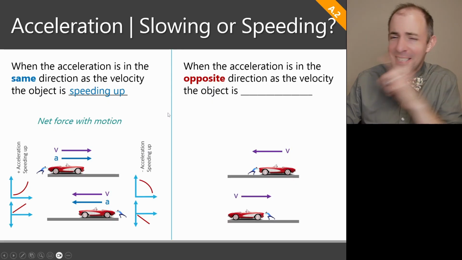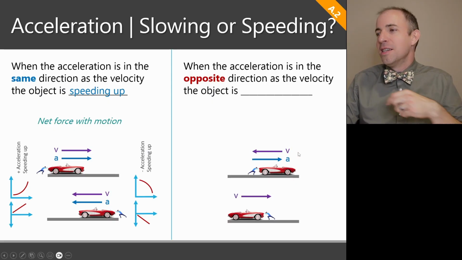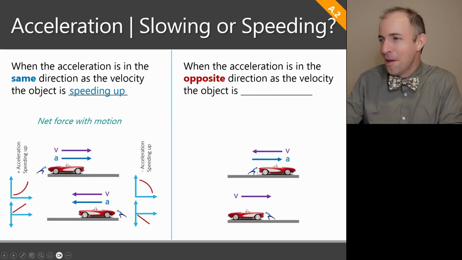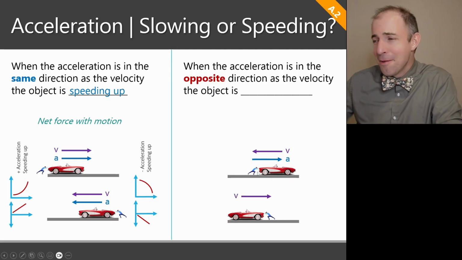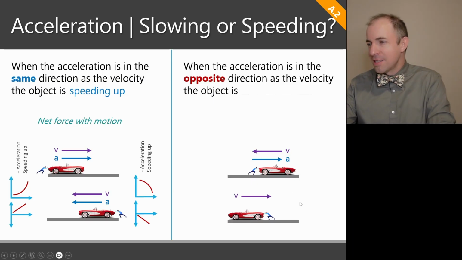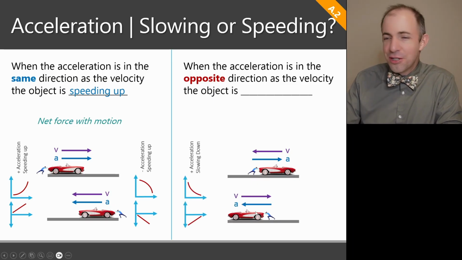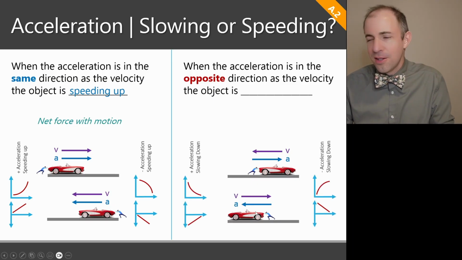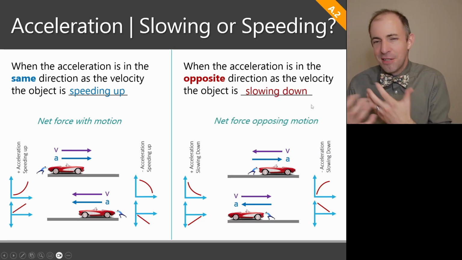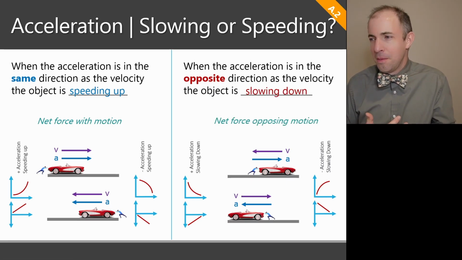If the acceleration is in the opposite direction, so you're trying to go negative, but your acceleration is positive, it's kind of like a little dude is pushing from the front, pushing you against the direction that you're traveling. Or if your velocity is positive and your acceleration is negative, that will cause you to slow down as well, because your net force is opposing the motion.